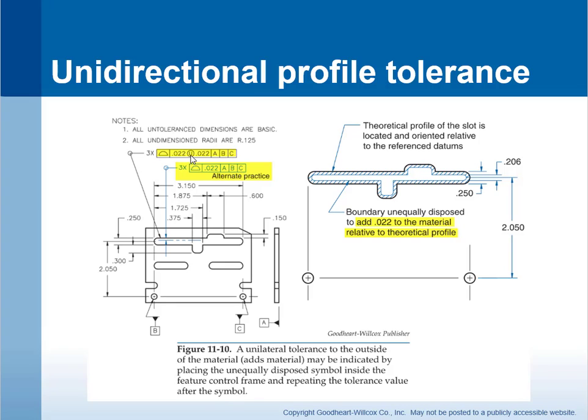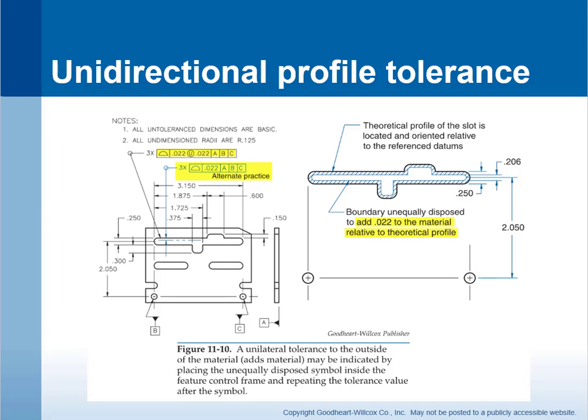So that's how this U is applied. A unilateral tolerance to the outside of the material, which adds material, may be indicated by placing the unequally disposed tolerance symbol inside the feature control frame and repeating the tolerance value. Okay, so that's how we do a unidirectional.